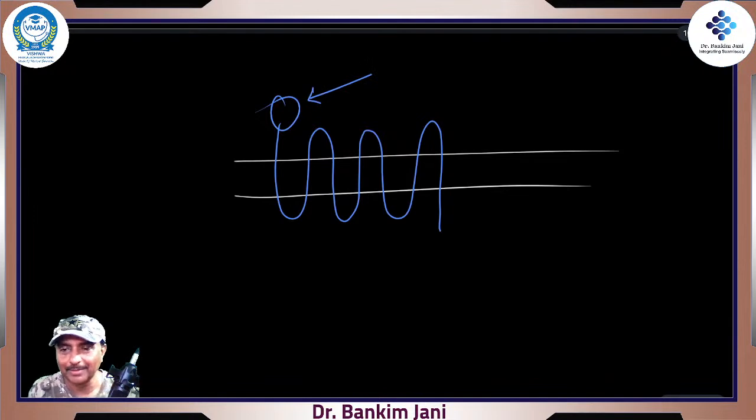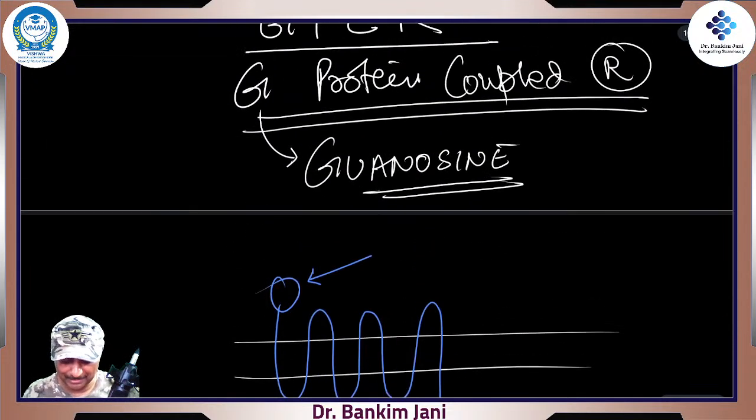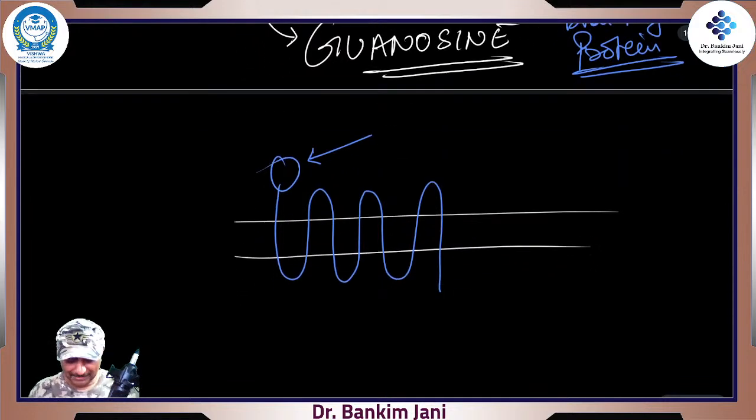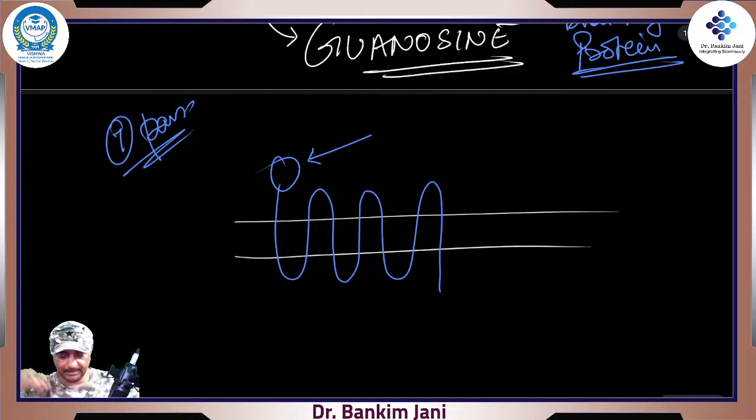This G protein is actually like the brother protein. Now this 7 pass, we are dealing with right now GPCR only. Regarding others, we'll talk about later.